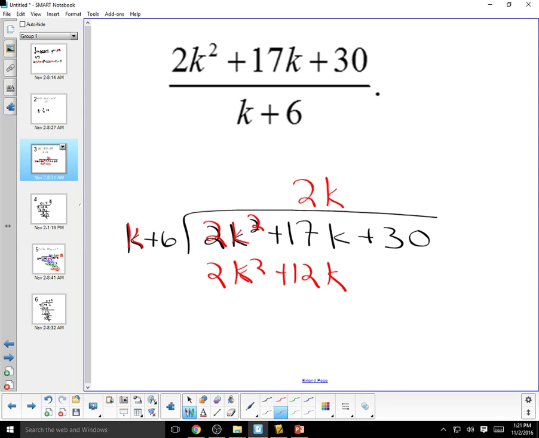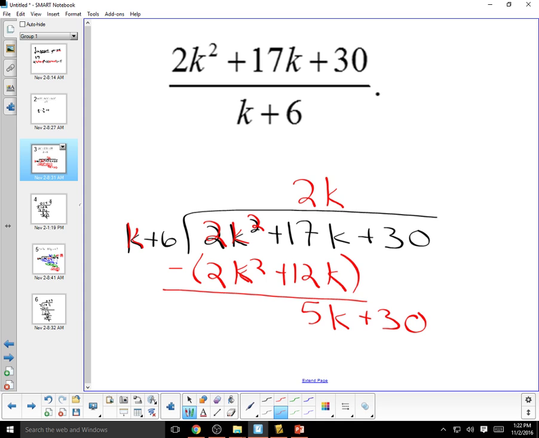Changing the sign, because people want to do this and mess it up since you're changing the sign to everything. So now I can go 2k squared minus 2k squared, which is 0. 17k minus 12k will leave me with 5k. Plus 30. Yes, we bring everything down.